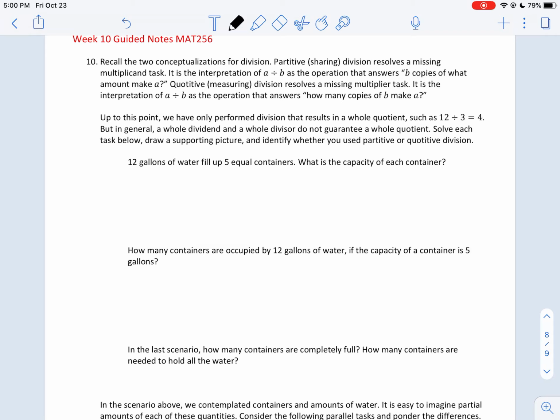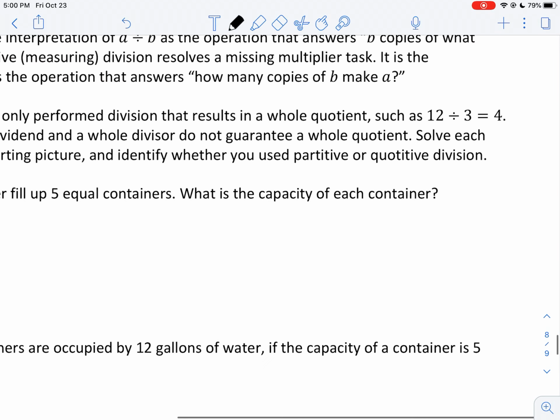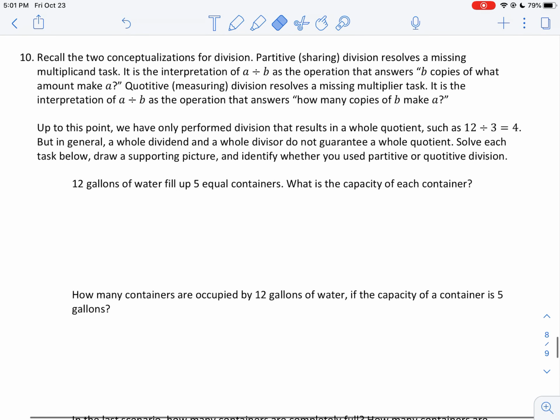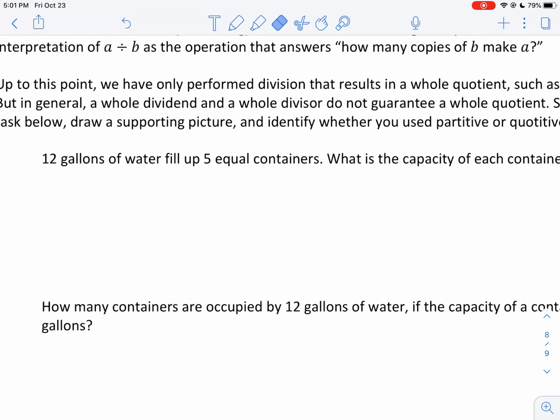Up to this point, we have only performed division that results in a whole quotient, such as 12 divided by 3 equals 4. But in general, a whole dividend and a whole divisor do not guarantee a whole quotient. So even though you divide two whole numbers, the answer you get isn't guaranteed to be whole. Solve each task below, draw a supporting picture, and identify whether you used partitive or quotitive division.